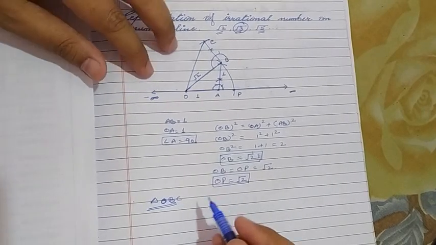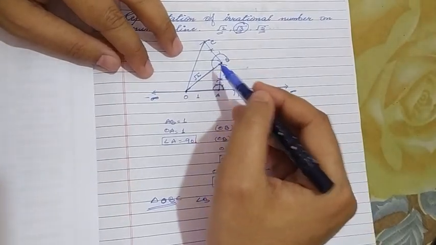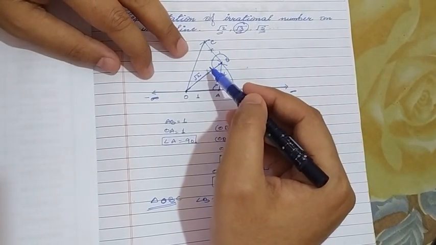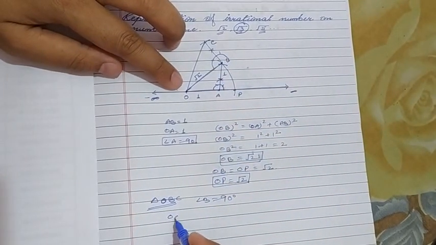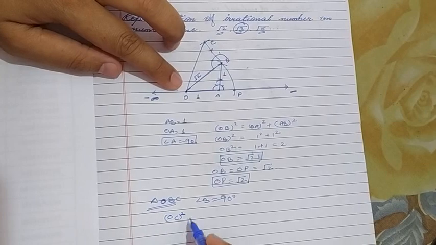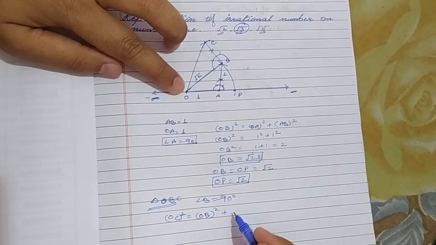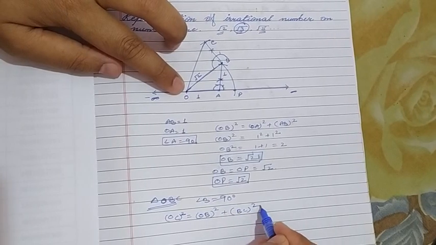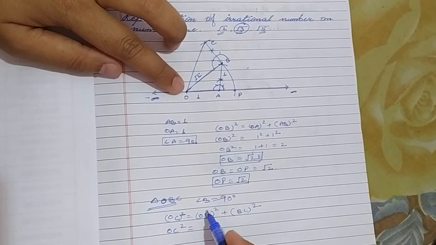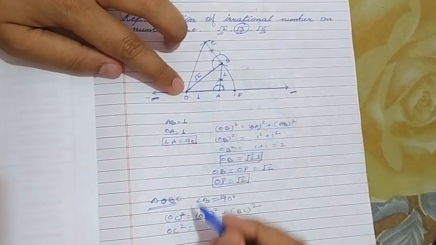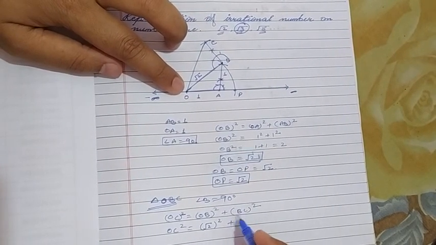right angle triangle OBC में angle B is 90 degree. So in this triangle OBC we will use Pythagoras theorem. OC square is equal to OB square plus BC square. What's the value of OB? That is root 2. So root 2 square plus BC.